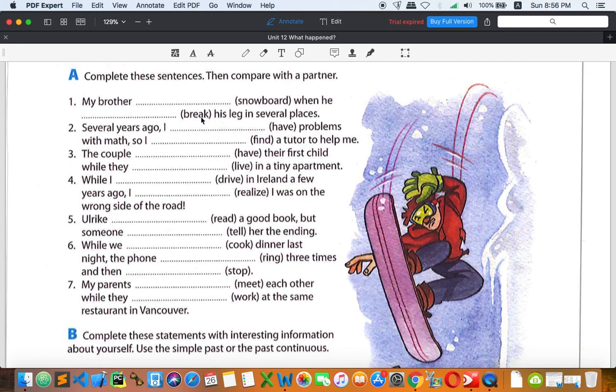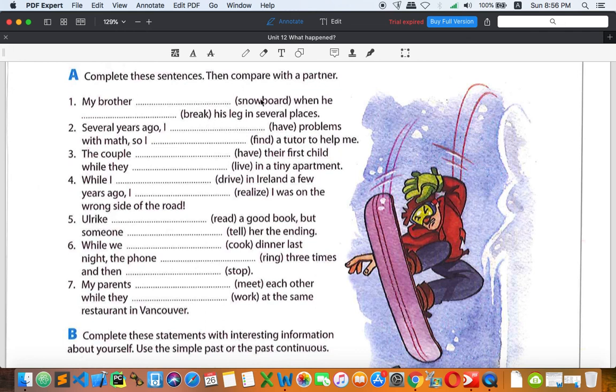That makes sense because this one interrupts the activity of snowboarding. So the answer is: my brother was snowboarding when he broke his leg in several places. At that time he was snowboarding and then he broke it.